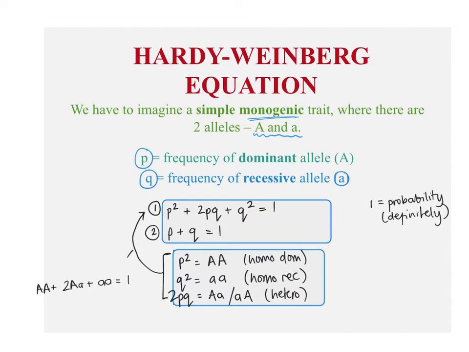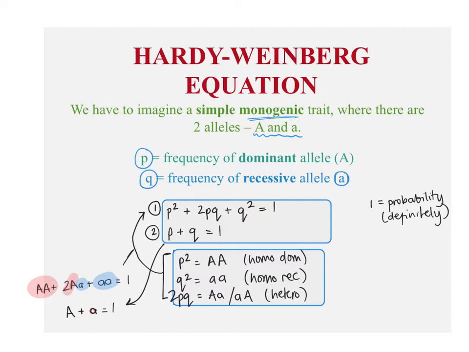Okay, and then if we think about the second equation, the frequency of the dominant allele in the whole population, so from both the homozygous dominant and the heterozygous genotypes, plus the frequency of the recessive a allele, again from either the homozygous recessive or the heterozygous genotypes, is also going to equal 1.